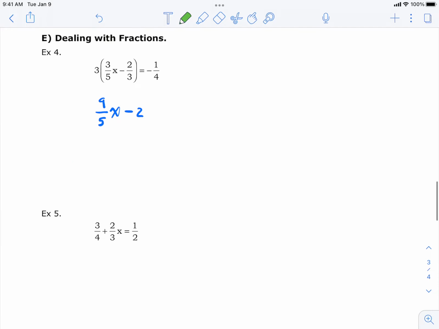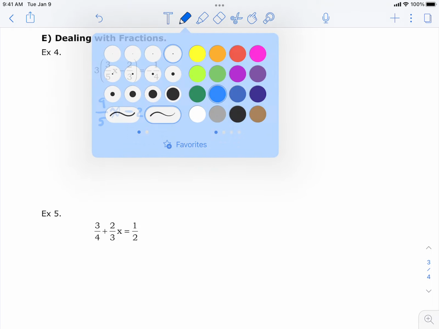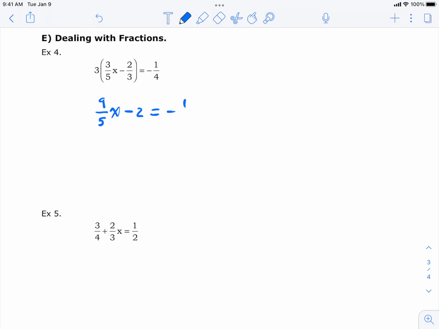And now what's on the right side? Well, it is a negative 1/4, I guess. Okay, so what should we do now? Well, I've got my x on the left. That's cool. I guess I want to add 2 on both sides. That'll cancel the plus 2's. Now, how do you add a negative 1/4 plus a 2? Well, first of all, that's 9/5 x.